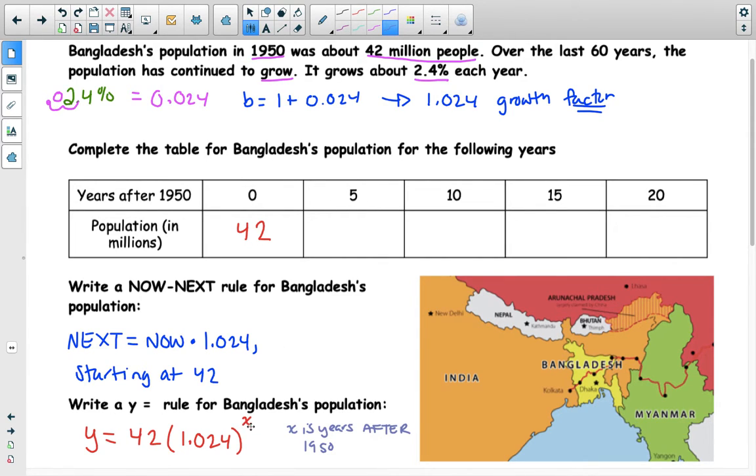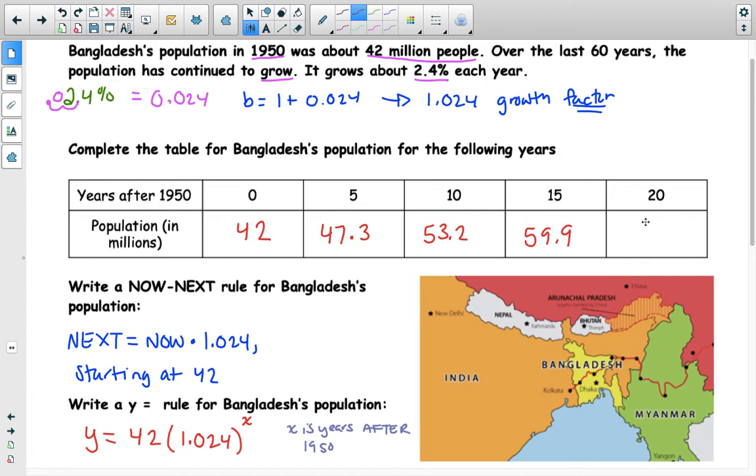When we plug that in, we will get roughly, to the nearest tenth, 47 3/10 million people. If we do the same thing with 10 years after 1950, so at 1960, we should get 53 2/10 million people. If we raise it to the 15th power, we would get 59 9/10 million people.